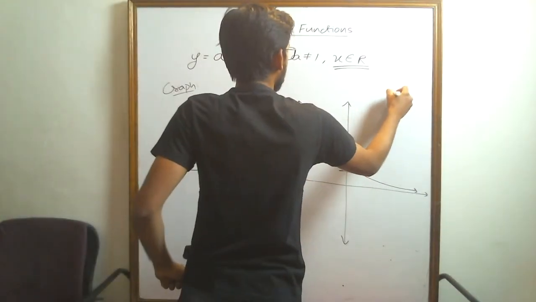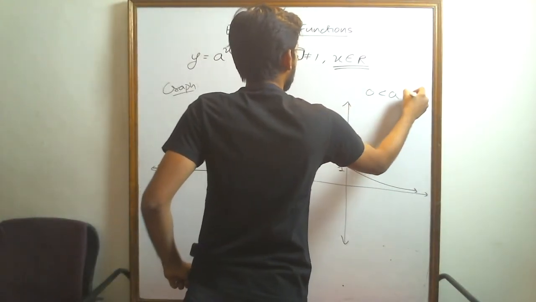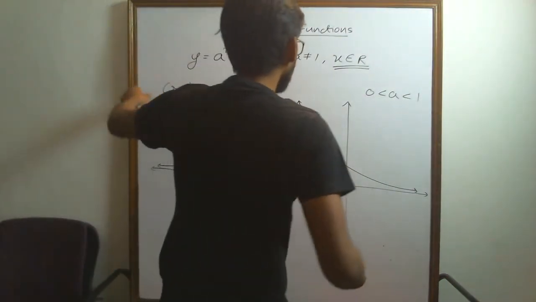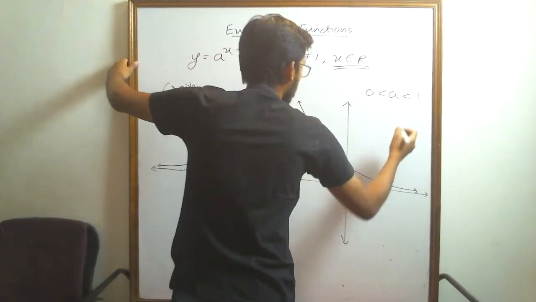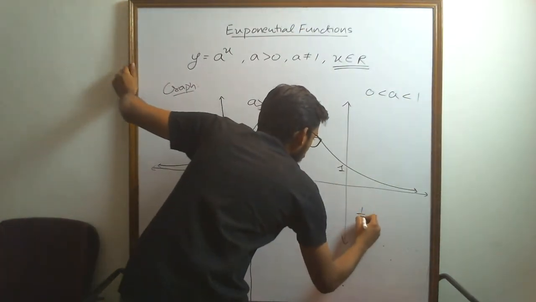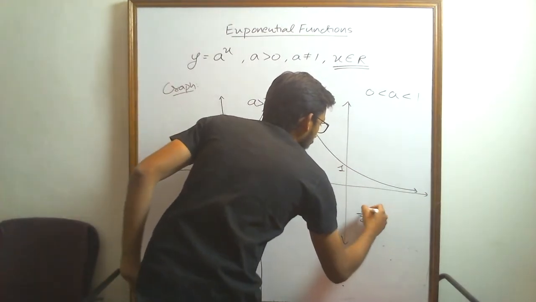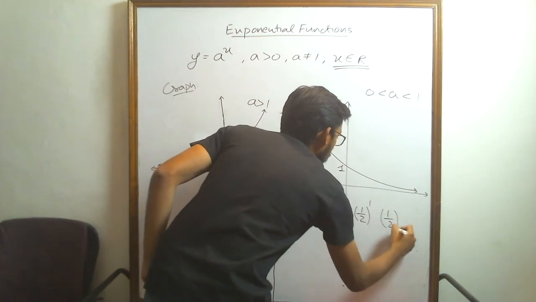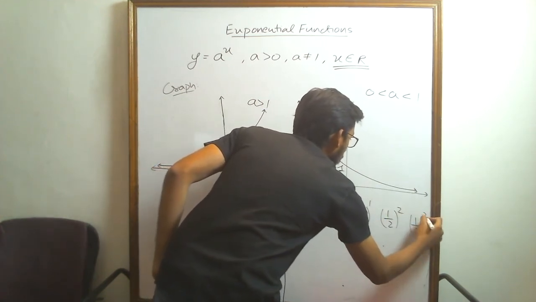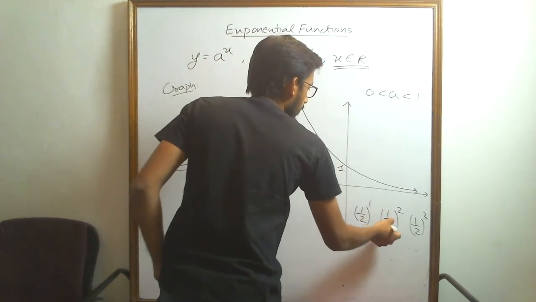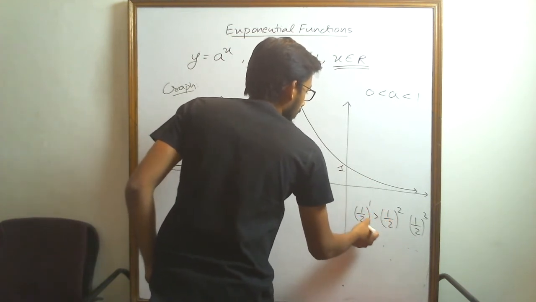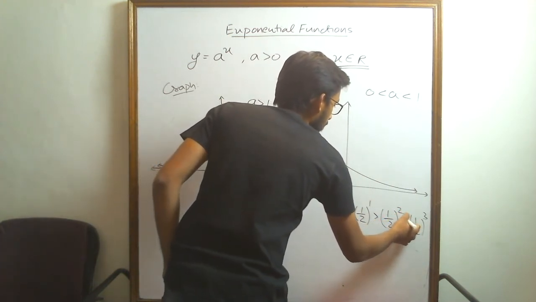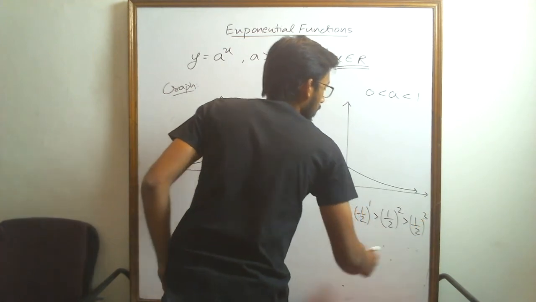Now the second case is when the base is between 0 and 1, that means it is greater than 0 and less than 1. Suppose it is 1 by 2, let's see what is happening. If I increase the exponent, we see that the value of the function is decreasing. 1 by 2 to the power 1 is greater than 1 by 2 to the power 2, which is 1 by 4, which is greater than 1 by 2 to the power 3, which is 1 by 8.